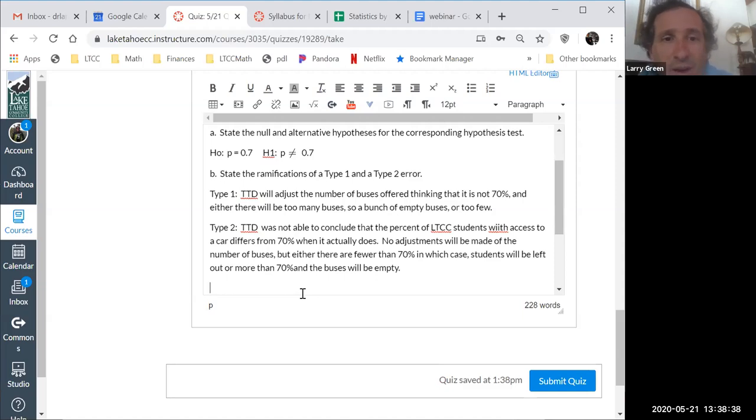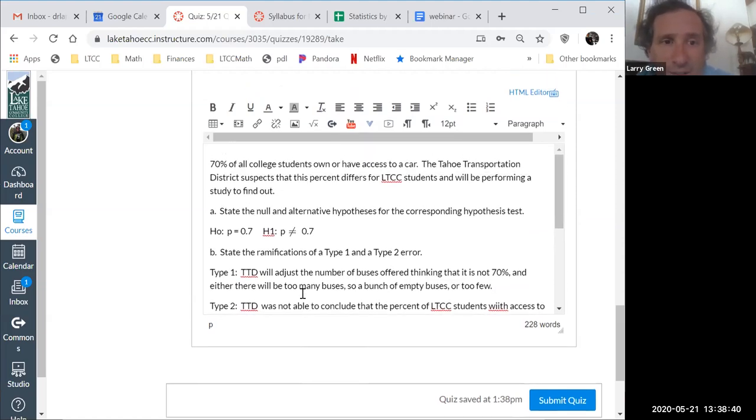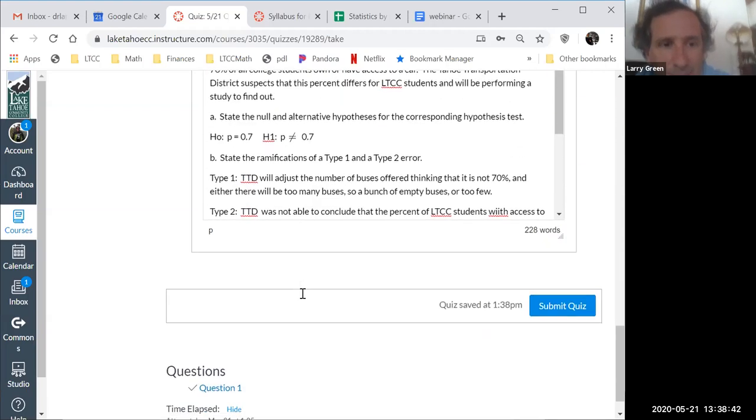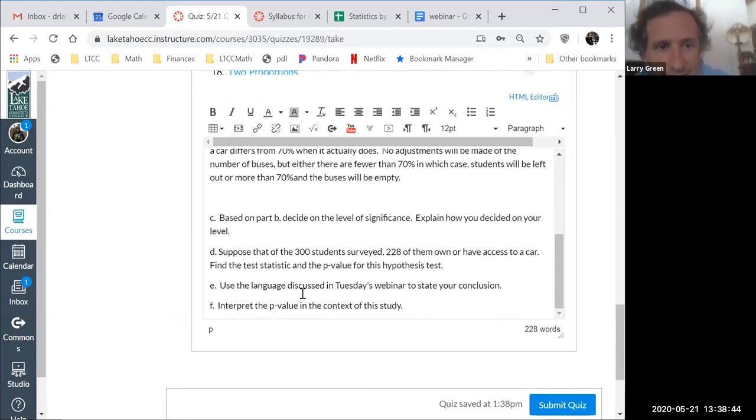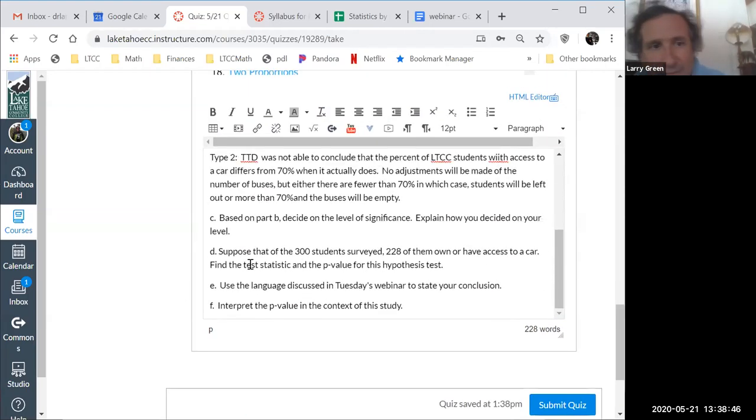Okay, now let's go on and talk about part C. Based on part B, decide on the level of significance. Explain how you decide on a level. All right, is one worse than the other? What do you think? Or are they basically just as bad? Yeah, they're just as bad.